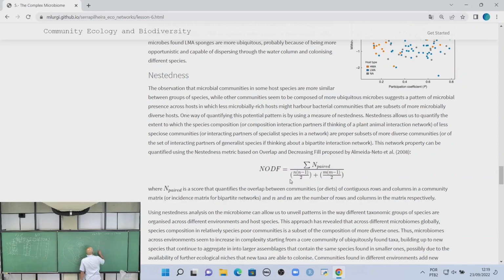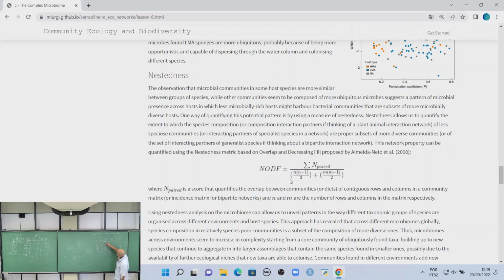So if you have, again, going back to a table like that, your data on community composition, and you have here your communities, and here you have your species, then a completely nested matrix, or completely nested communities, would be one in which in community 1 we have all of the species.